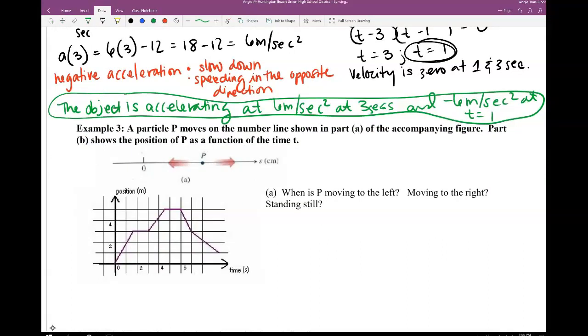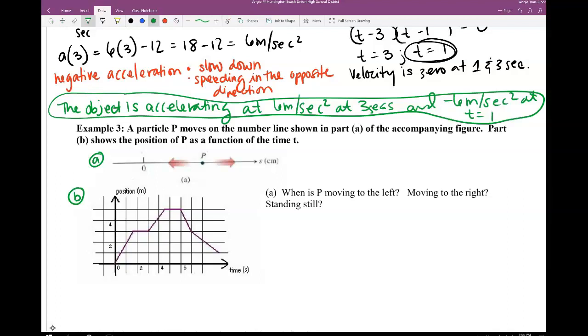And since I didn't label A and B, let's do A and B. Here's supposed to be your part A, and here is your part B. So this is part A. The particle moves on the number line, so that's why we have a number line, moving back and forth, back and forth. And part B shows the position of P as the function of time t. So B shows how high it is as time goes on.